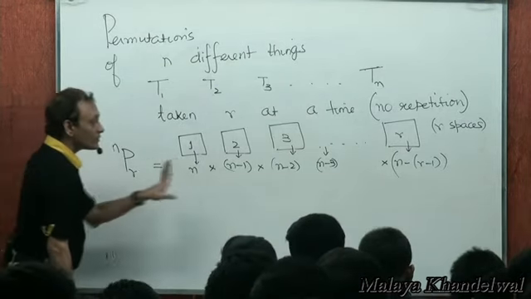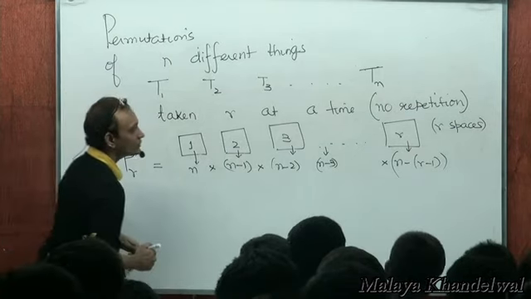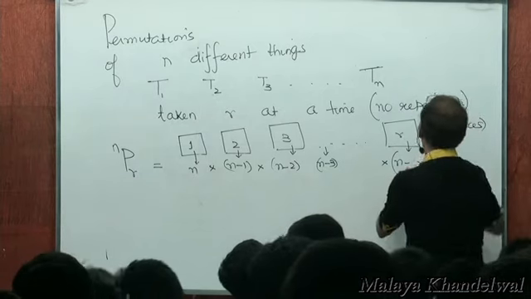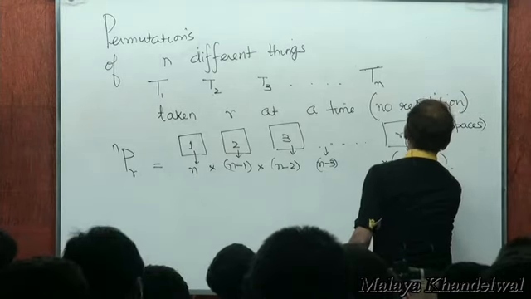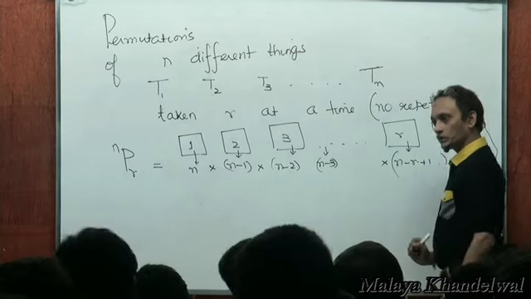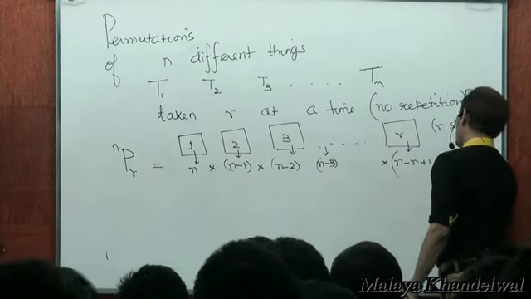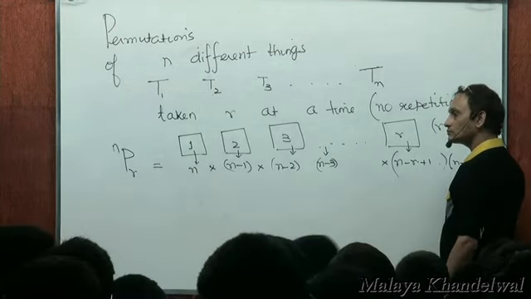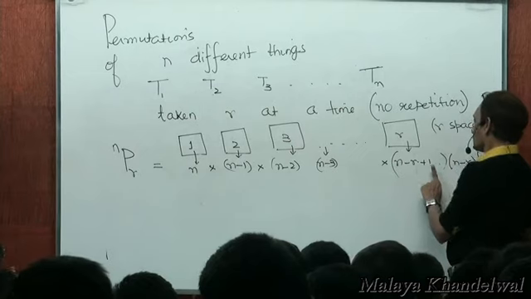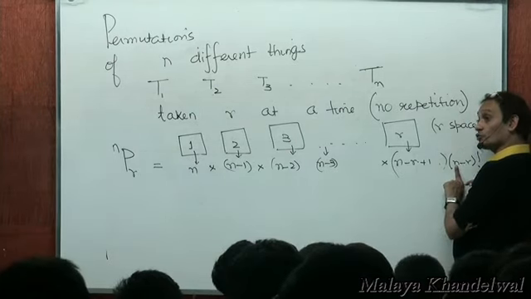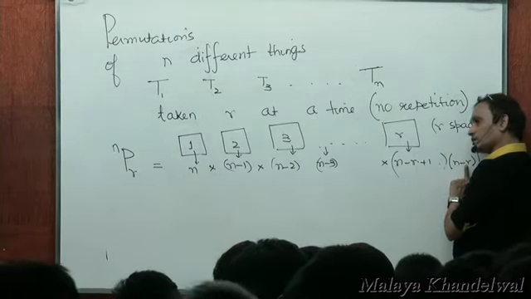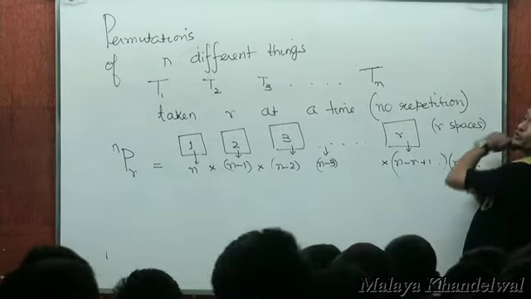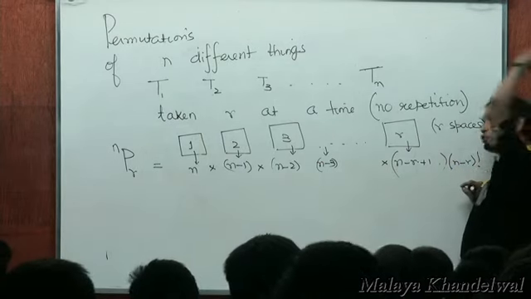Now, this, as you can see, is n minus r plus 1. Yes or no? This is n minus r plus 1. Right? Now what I do is I multiply it with (n minus r) factorial. The terms after this, (n minus r) factorial, would mean what? n minus r into n minus r minus 1 into n minus r minus 2 into n minus r minus 3 up to 1.